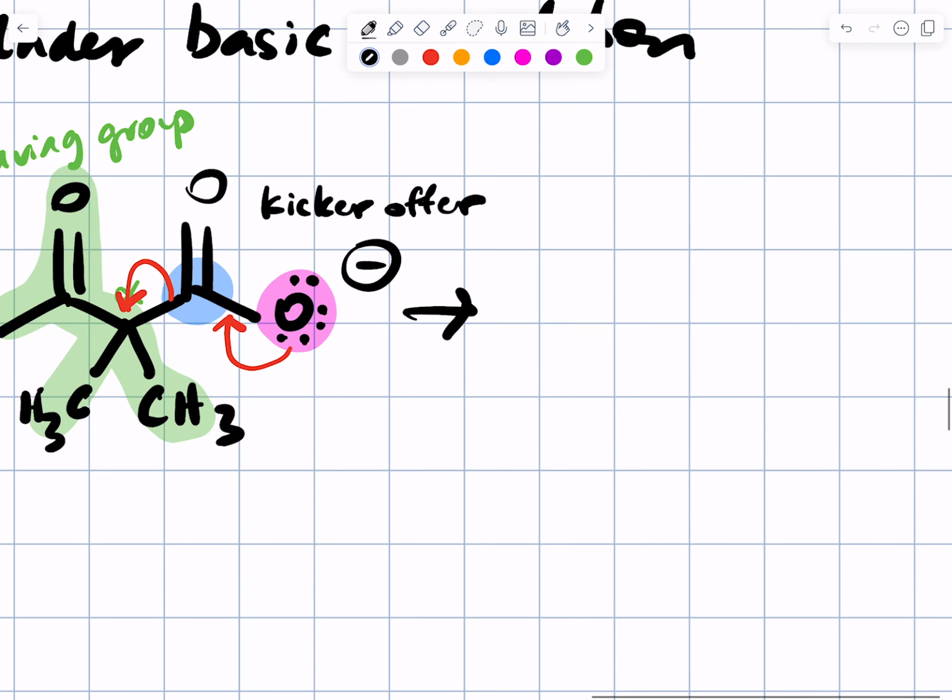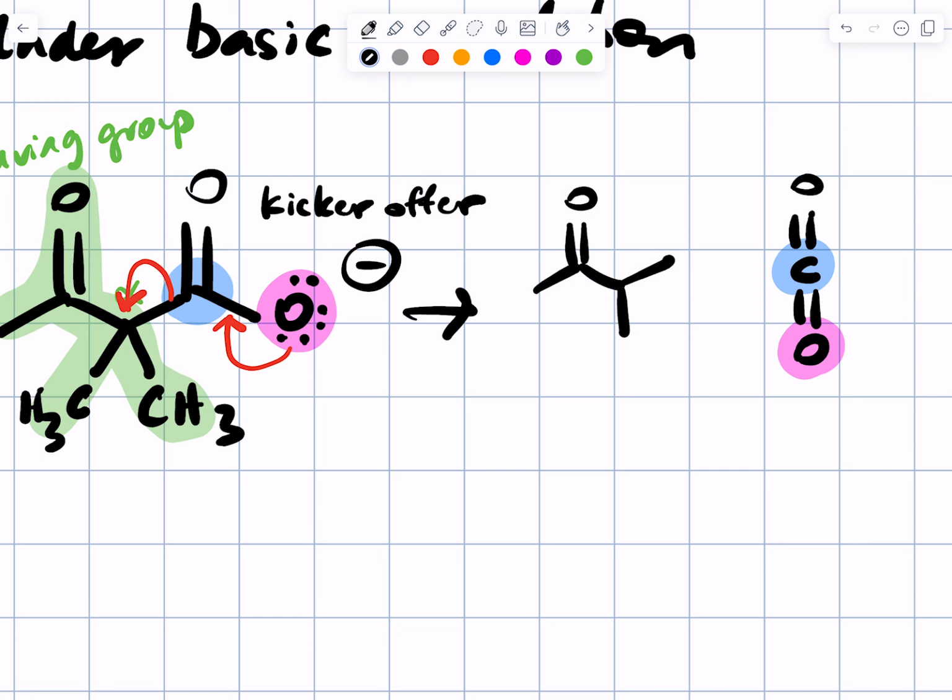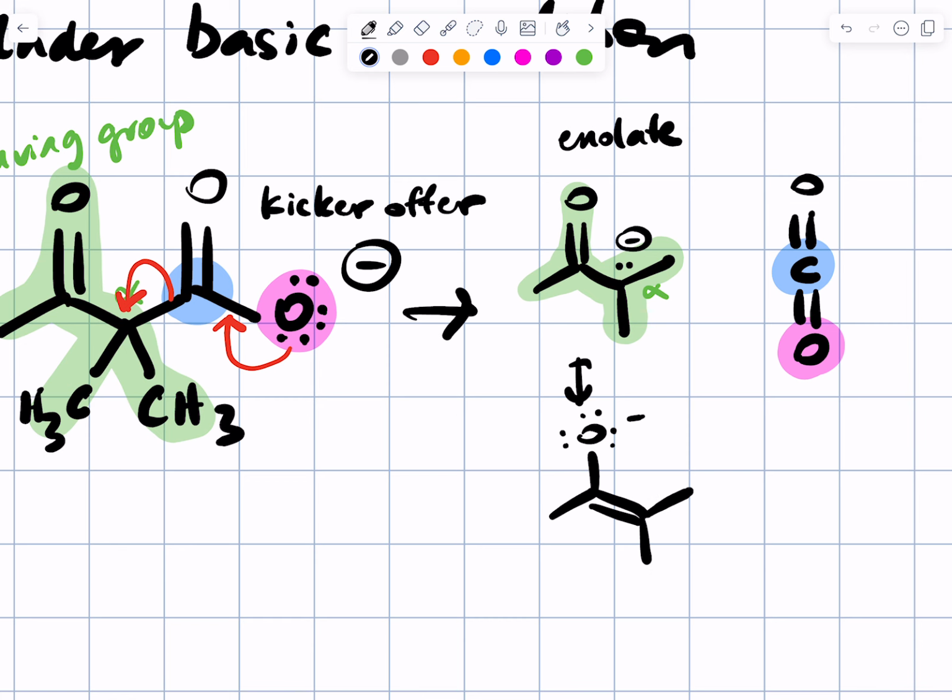So here is the new carbon-oxygen pi bond that we formed, similar to what always happens when we kick a group off a tetrahedral intermediate. And here is the leaving group. Lo and behold, it is an enolate. And the reason that alpha carbon can tolerate the negative charge is, of course, because that enolate is resonance stabilized. Okay?